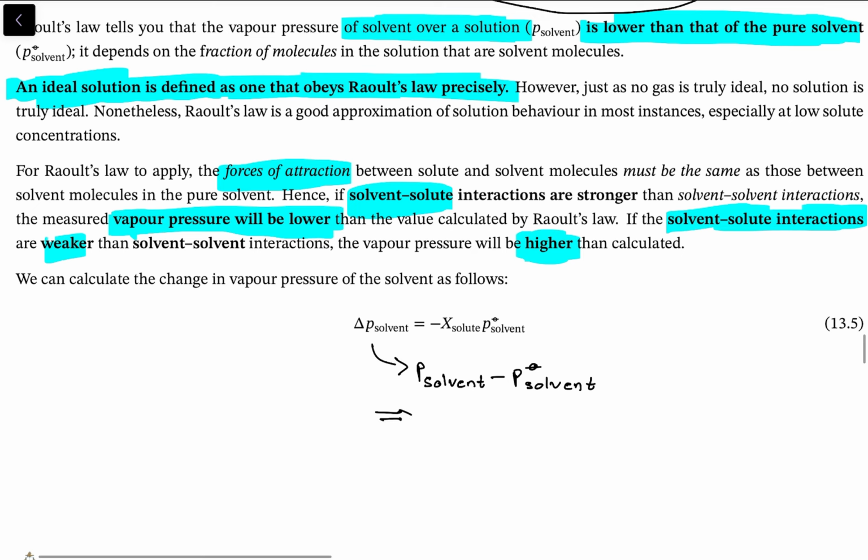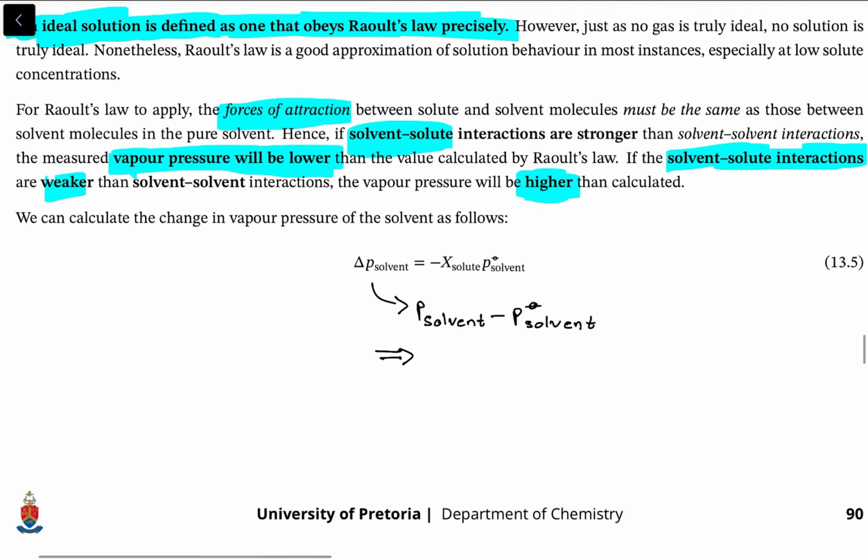And if you look at it more closely, you should be able to calculate that your standard solvent vapor pressure minus this change in the solvent vapor pressure is equal to the new solvent vapor pressure over the solution, or the vapor pressure of the solution, or whatever you want to call it. And how do you calculate that?